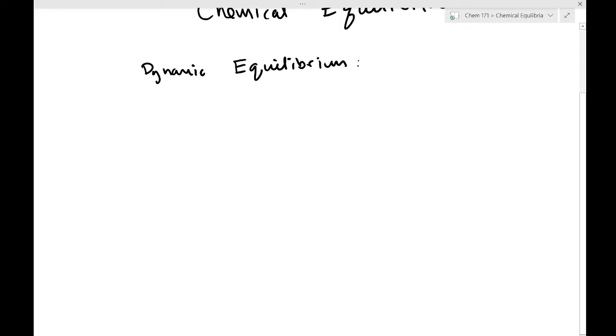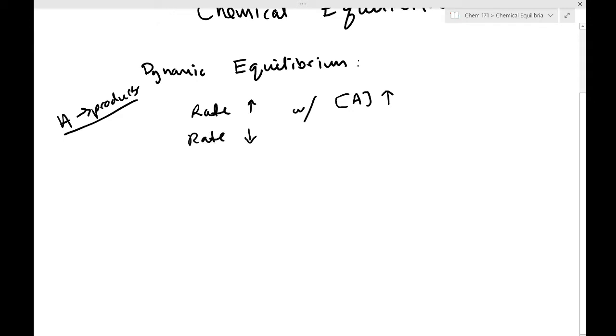In the kinetics chapter, we talked about how rate goes up with an increase in concentration of A. So if we have our simplified A goes to products, in general we can also say that rate goes down with A decreasing.